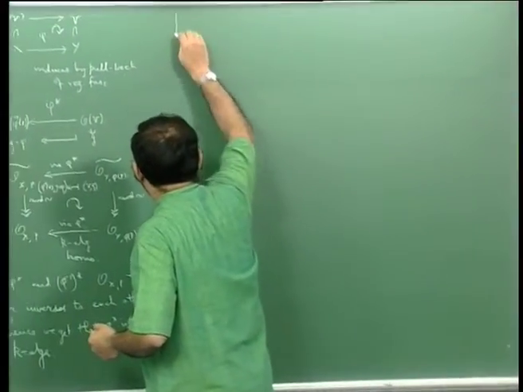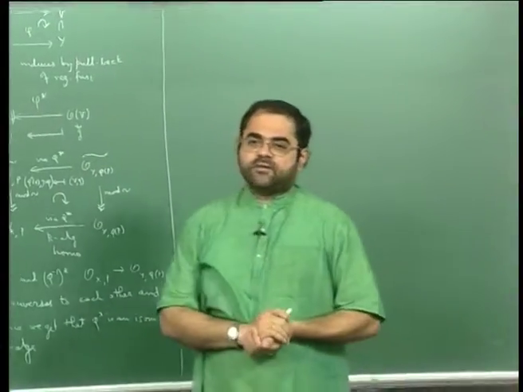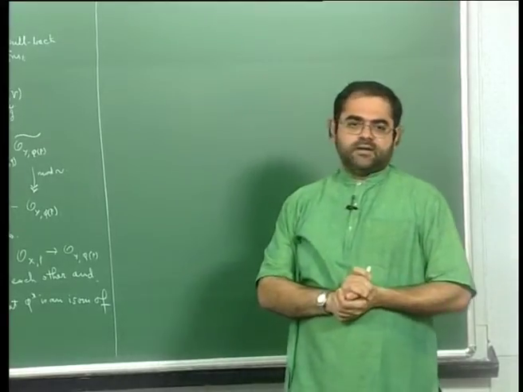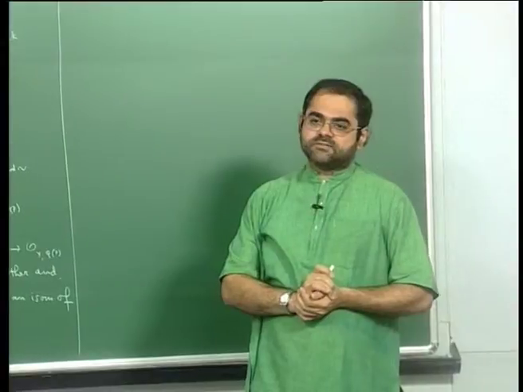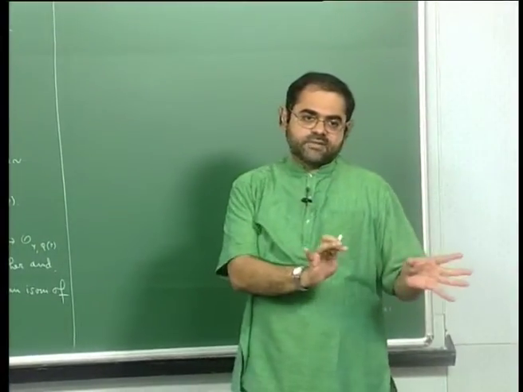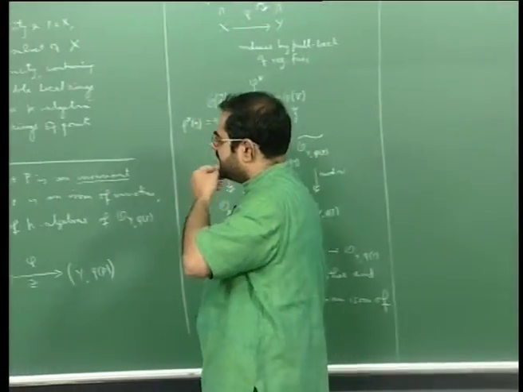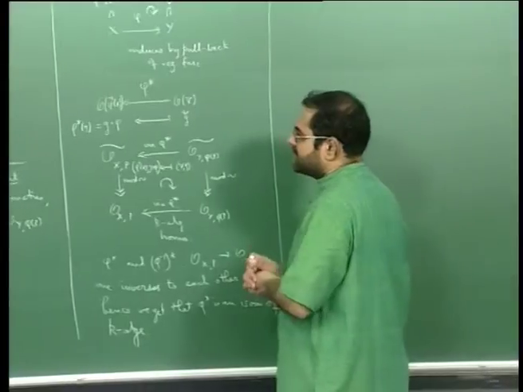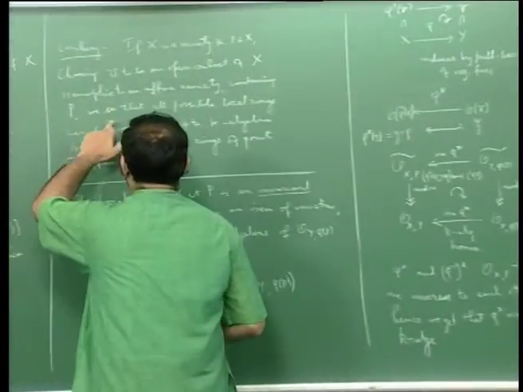Of course we do not distinguish between varieties that are isomorphic in the geometric sense, and we do not distinguish between K algebras which are isomorphic in the commutative algebraic sense. So this is what I am trying to say here.